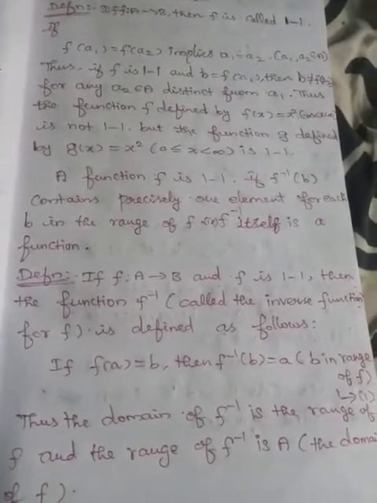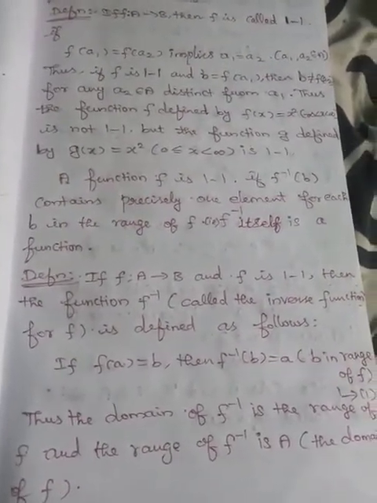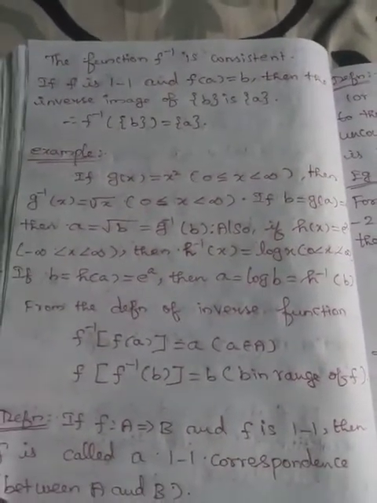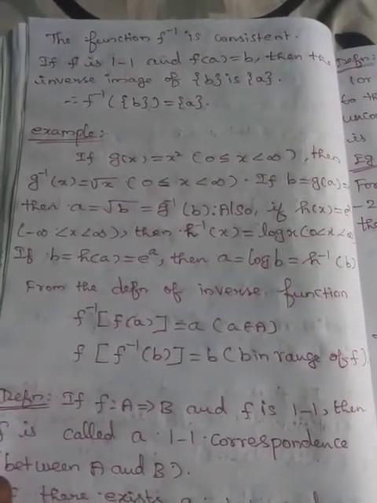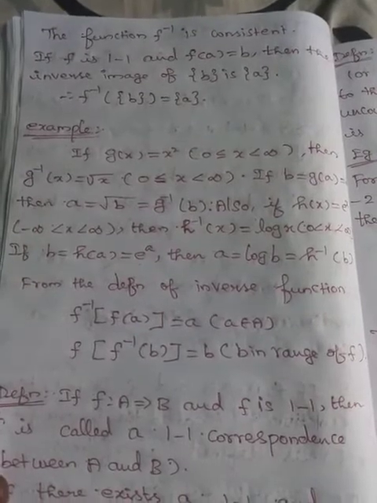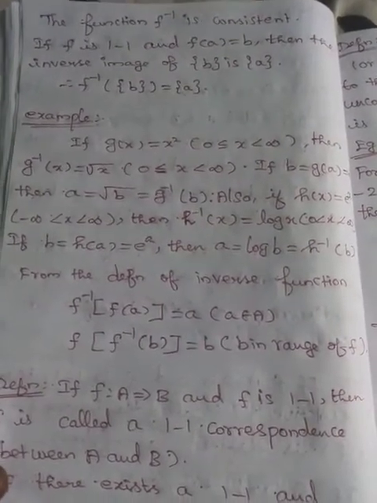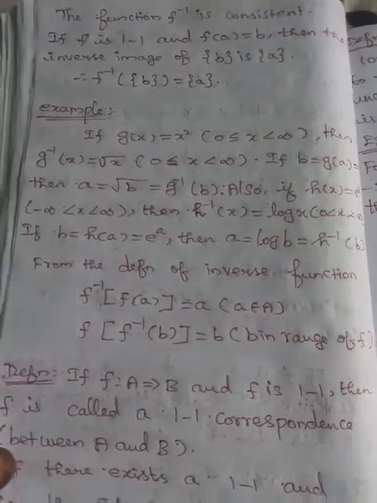Thus the domain of f inverse is the range of f, and the range of f inverse is A, the domain of f. The function f inverse is consistent: if f is 1 to 1 and f of A equal to b, then the inverse image of b is A. Therefore f inverse of b equal to A.